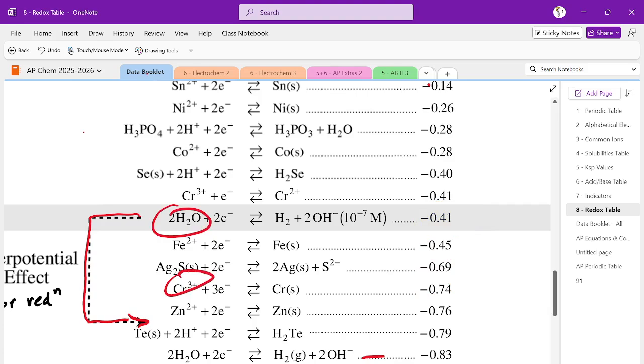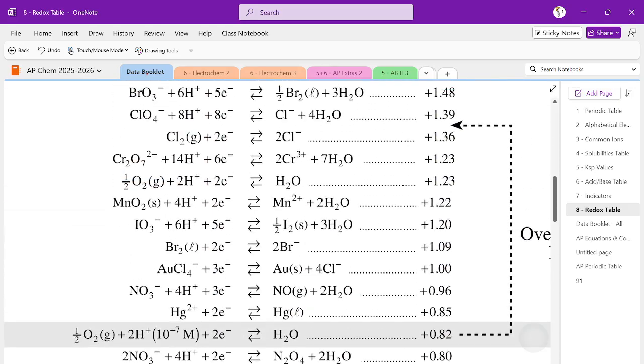Why don't they just put water below? Because the potential of water is negative 0.41 unless you're comparing it with one of those. So if you were trying to figure out the cell voltage needed to make water get reduced, you would use negative 0.41. And it's going to be the same thing up here.